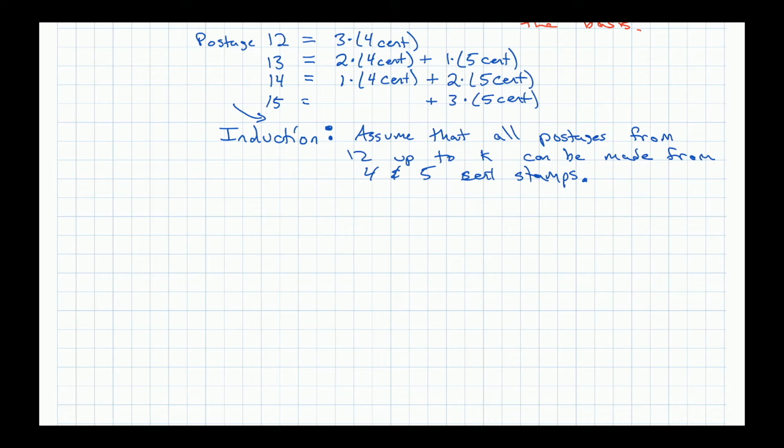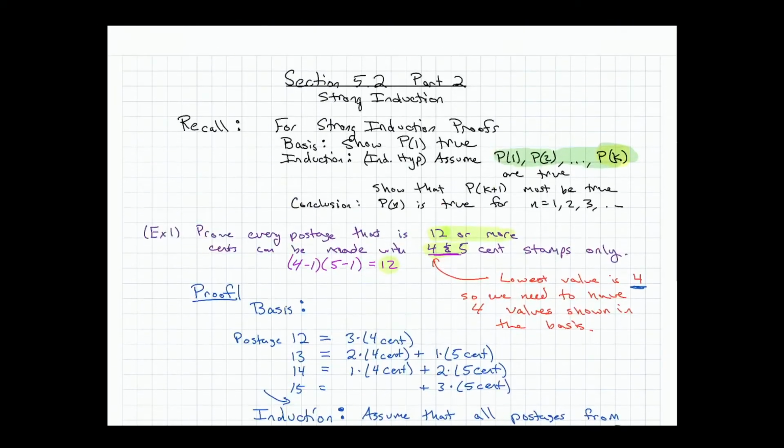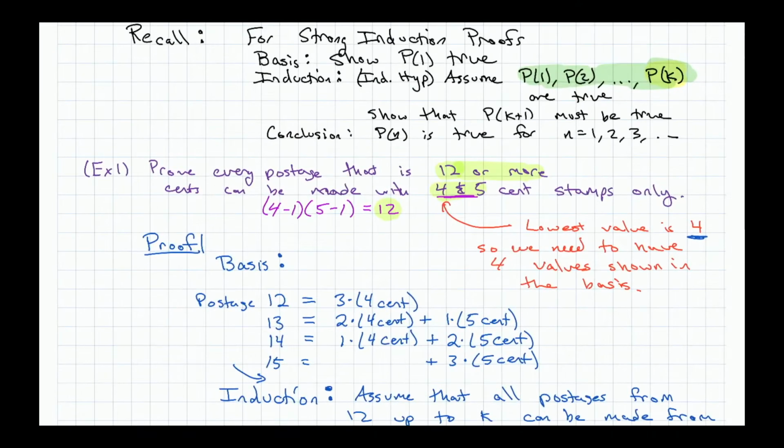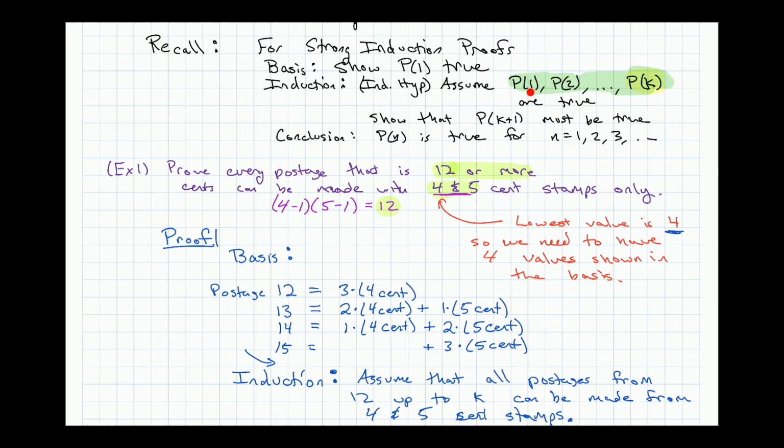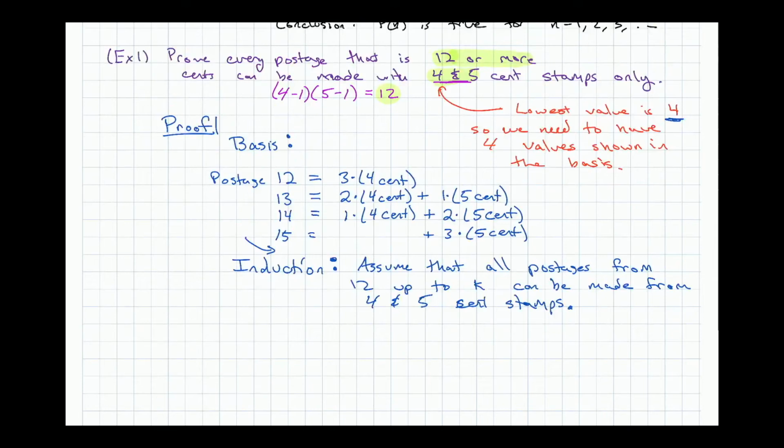Right. Now compare that induction hypothesis to what we set up here. So the induction hypothesis was, from 1 up to k. And I said this in different words, but I said from 12 up to k. So it's still the same thing. I'm just not writing P of, like I could have written P of 12, P of 13, up to P of k. In words, this is how I would write it.